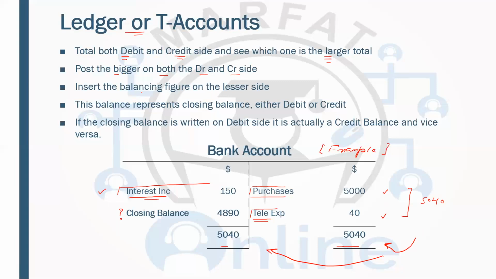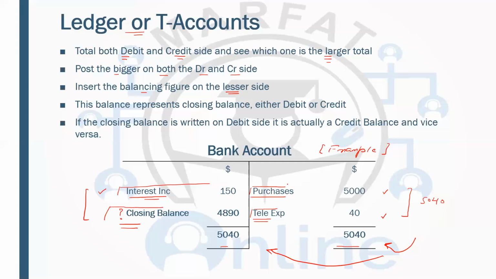The third step is to insert the balancing figure on the lesser side. We have put 5,040 here, but on this side we have only one transaction, which is 150. This side is quite less, so there will be a balancing figure, which is known as the closing balance.